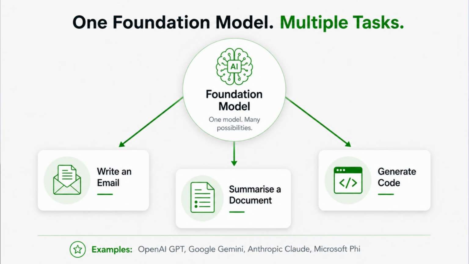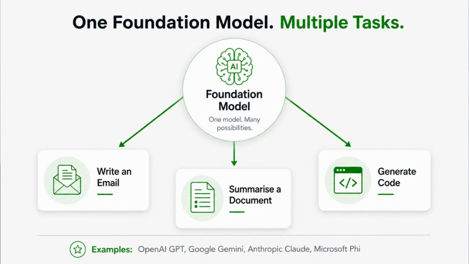Similarly, one foundation model can support summarization, translation, code generation, question answering, and chatbot experiences. So you do not always build a separate model from scratch for every different task. You start with a strong base model, then you adapt it using prompts, RAG, fine-tuning, or different tools.